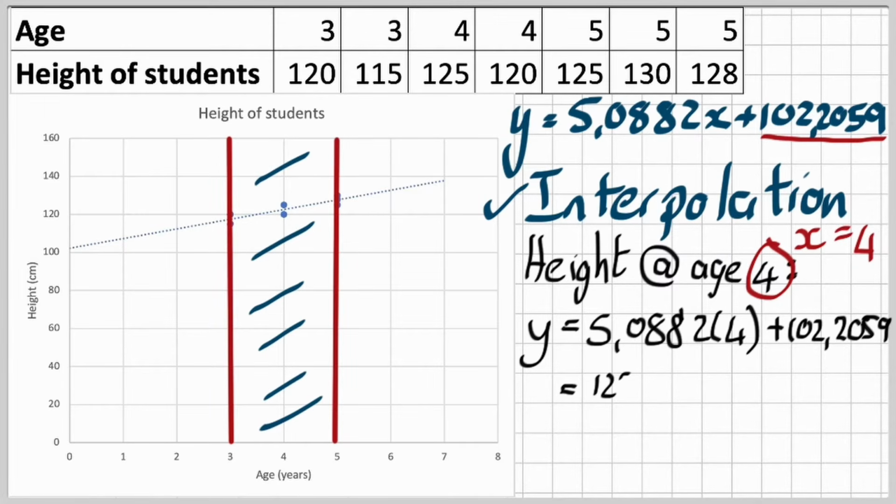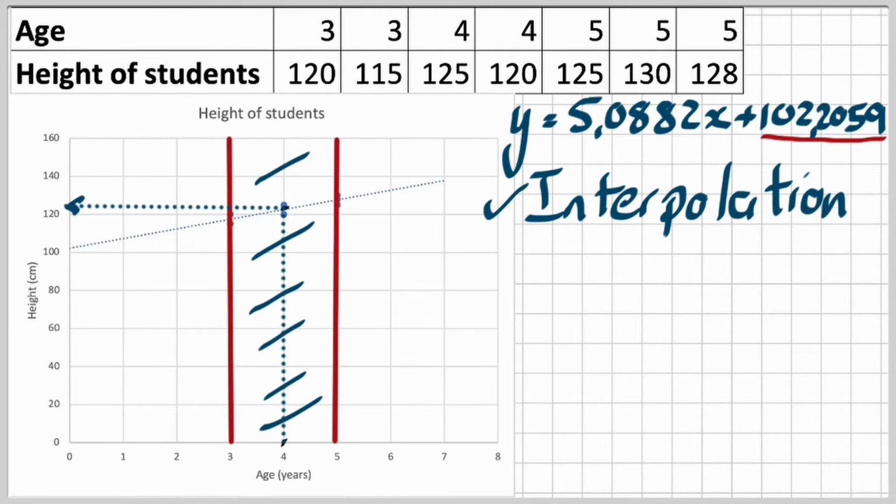So I can guess that a person that took part in this experiment would be 122,56 centimeters tall at the age of 4. If I use my graph, I go from 4 up to my line to the y, and I get this answer of 122,56. Again, can I trust it in this experiment? Yes, because it's between 3 and 5.